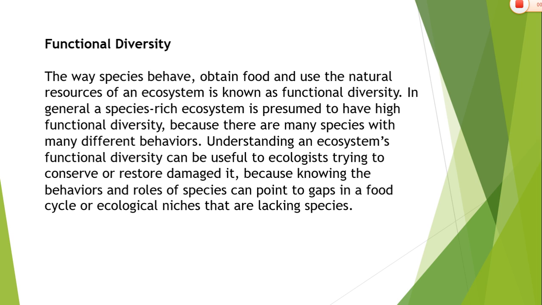Understanding an ecosystem's functional diversity can be useful to ecologists trying to conserve or restore a damaged one, because knowing the behaviors and roles of species can point to gaps in a food cycle or ecological niches that are lacking species.